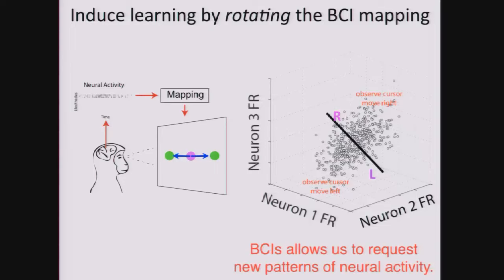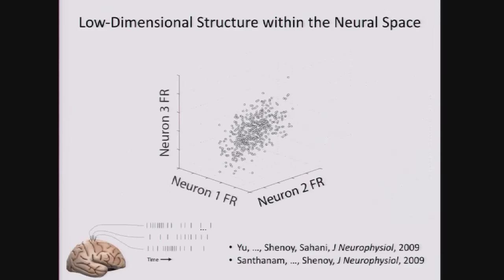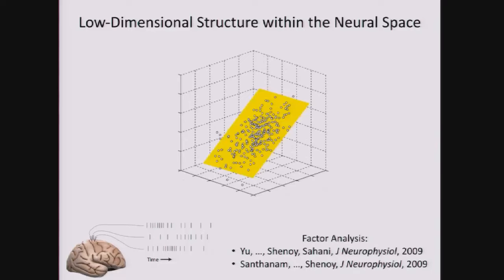these data are clearly correlated. We use factor analysis, which is better suited for neural data than principal components analysis, in order to find a plane or a hyperplane of best fit to the data. Okay, and this type of dimensionality reduction technique is common, but we just gave it a name. We call it the intrinsic manifold, and we think it's telling us something about the native properties of motor cortex.